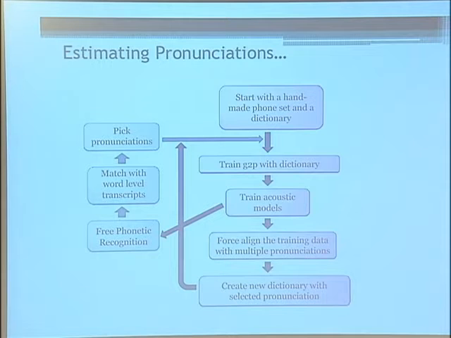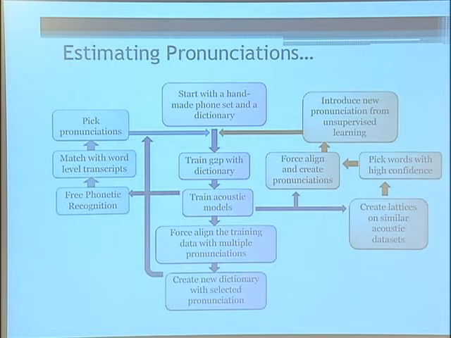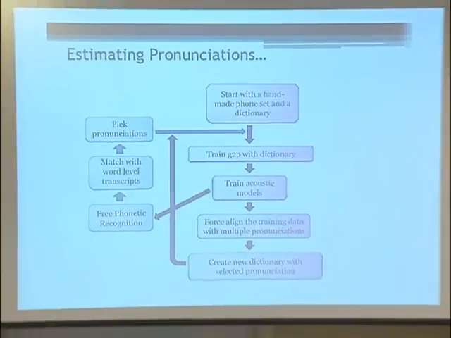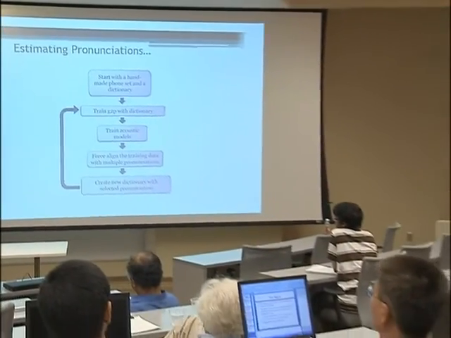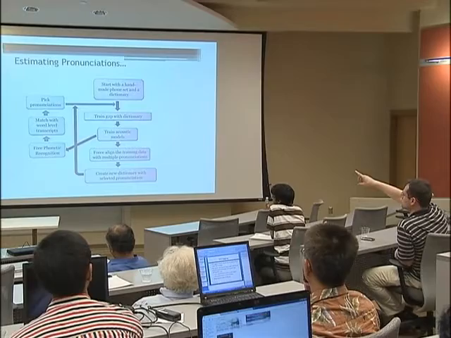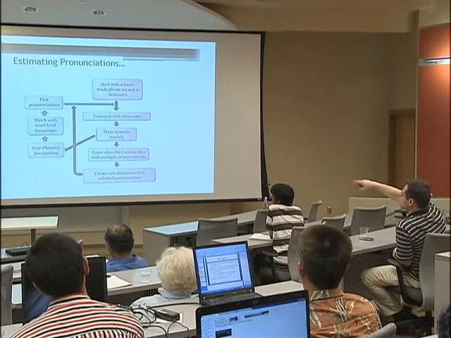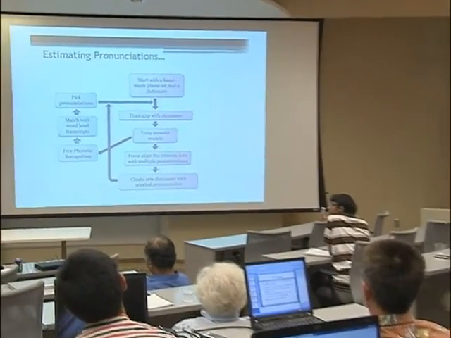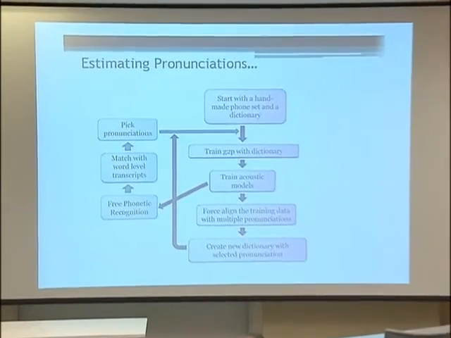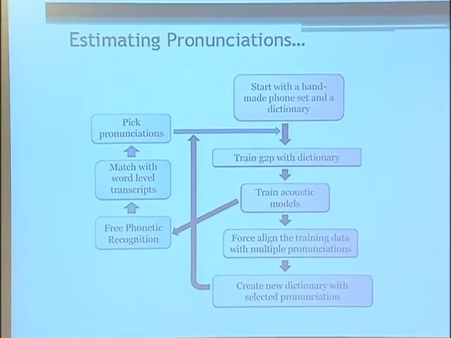So this would be one additional experiment, and isn't that the same as force aligning with, I didn't understand what you described. This one? No, the next slide. Right. The blue boxes. So here we use a phonotactic language model.